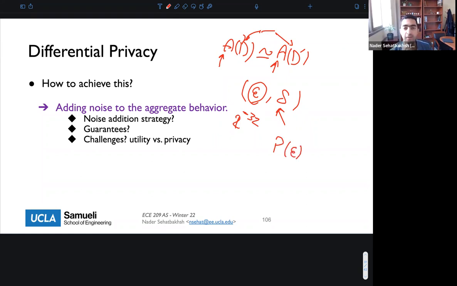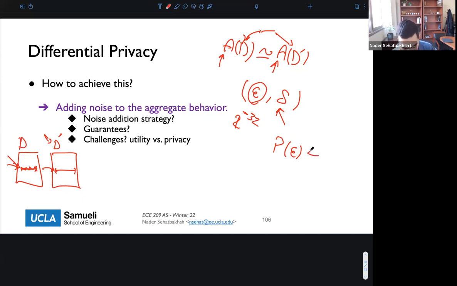What it's saying is that if I have two data sets that differ by just one record, for example, if I change this record to another record, or if I just remove this record and create D prime, the chance that, if I publish D prime, the adversary can understand what the original value in D was is usually less than e to the epsilon. All right, so this is usually what differential privacy will give us.